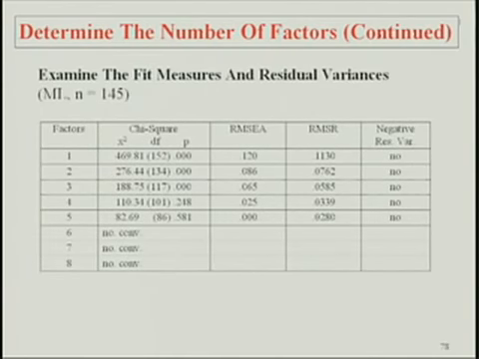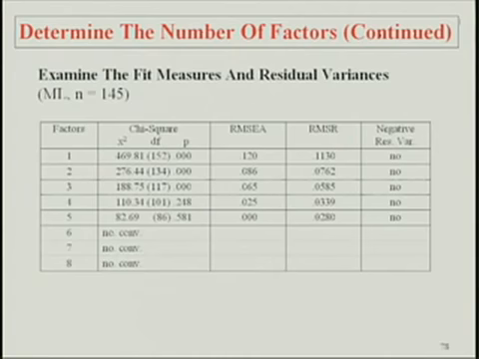Then I said we'd also look at residual variances, and that's in the last column here. But first, let me describe this table so that we're all on the same page. What I've done in this table is summarize all of those exploratory factor analyses, the 1 through 8 solutions. The first column shows the number of factors, 1 through 8.